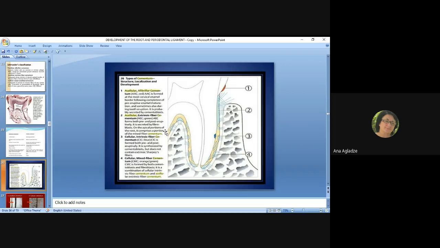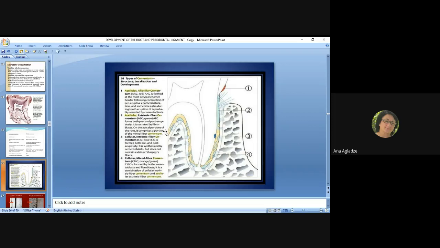From it, the Hertwig epithelial root sheath emerges, which defines the shape during root formation, and this involves continued cell division in the apical region while the coronal portion disintegrates.